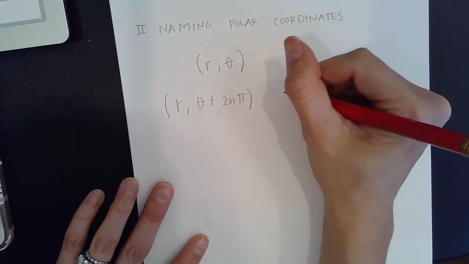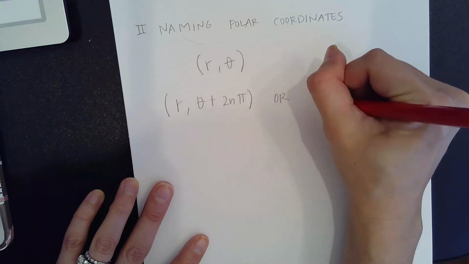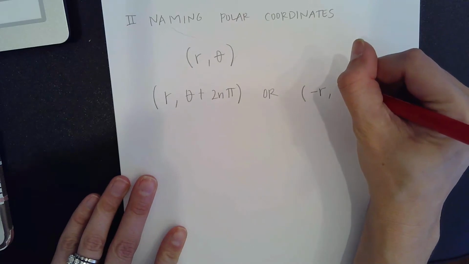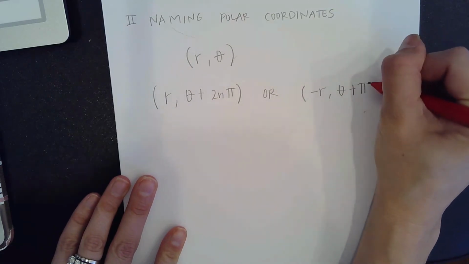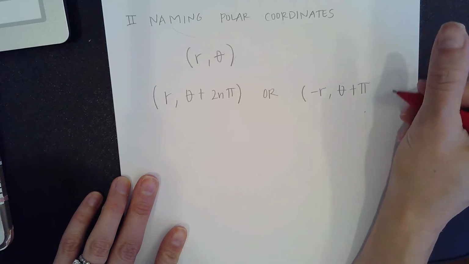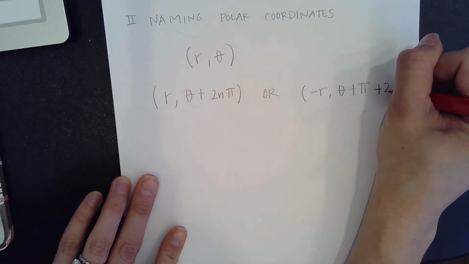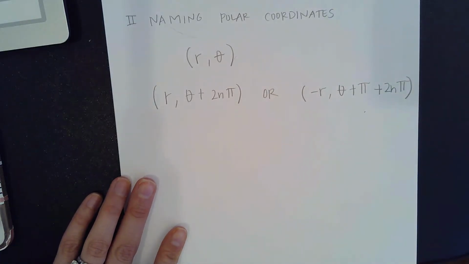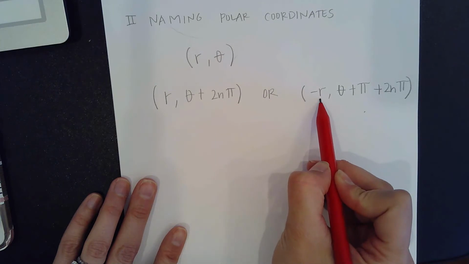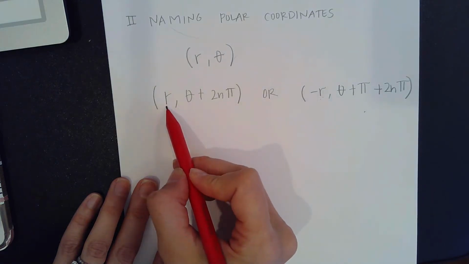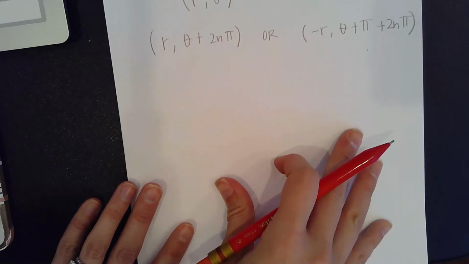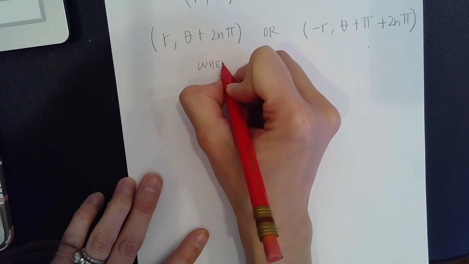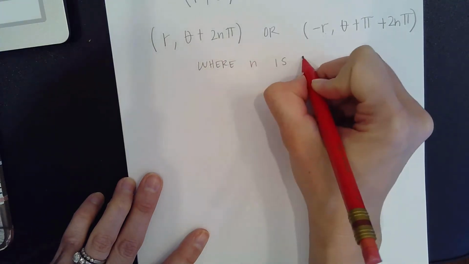Or we can change it to a negative r, and then we say theta plus pi, plus 2n pi, so that gives us the negative radius. And n just represents an integer, where n is an integer.